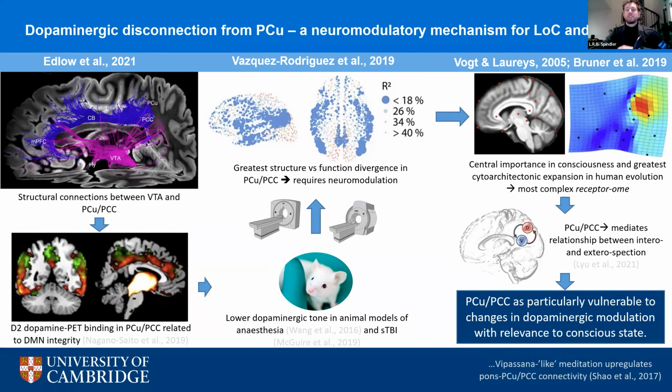And just as an aside, it seems that Vipassana-like meditation upregulates connectivity from an area coincident with the VTA to the posterior cingulate. I just thought that given that you work on meditation as well, this might be of interest to you. And if you want to see more about this, you can look into our paper in PNAS.